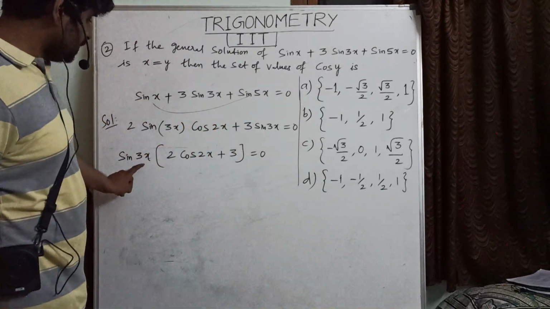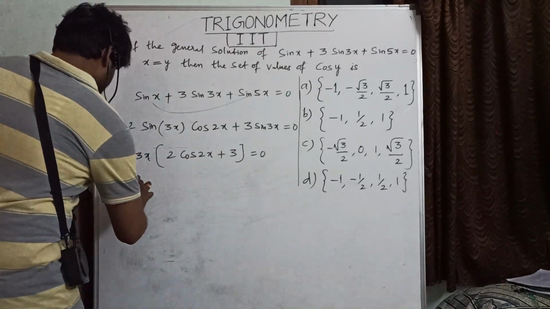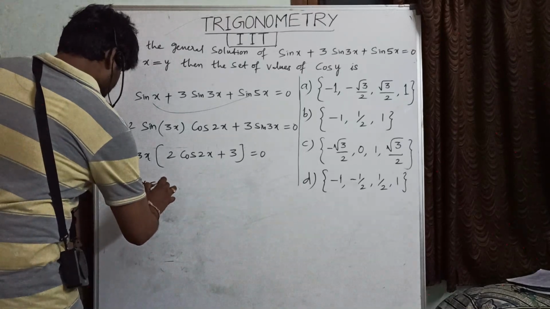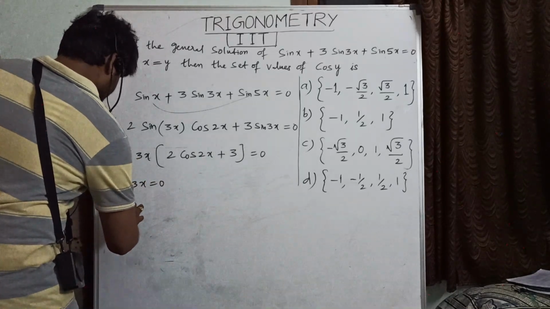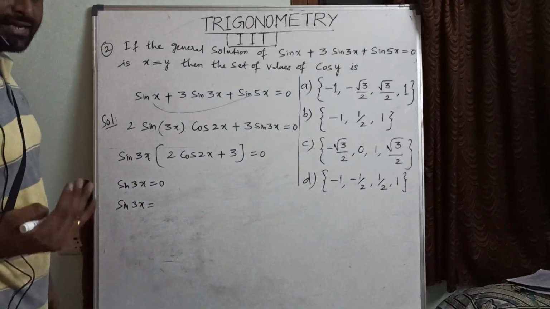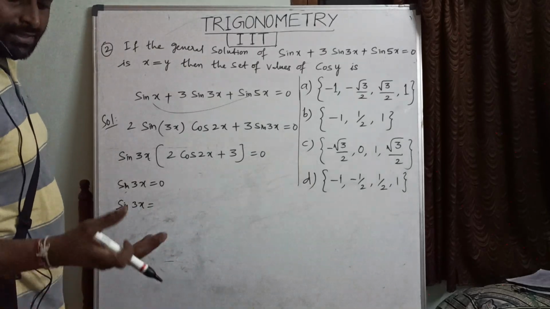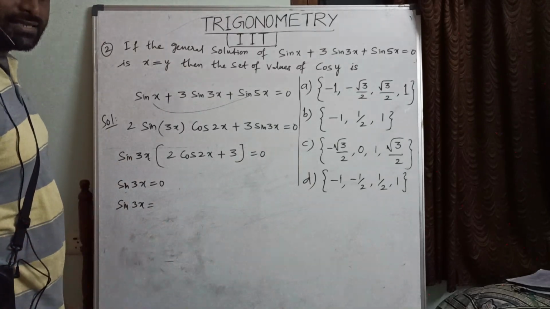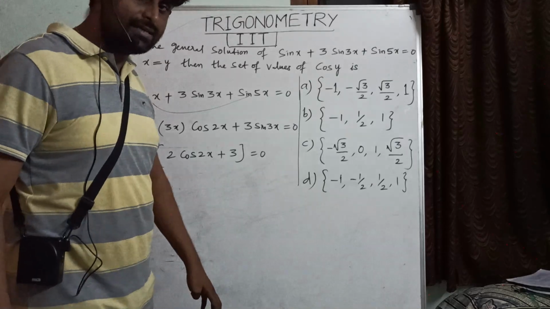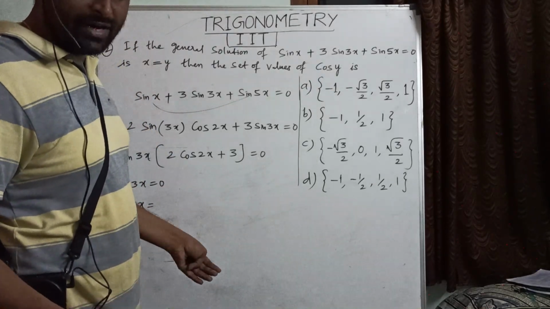Now this one equals 0 or this one equals 0. So sin 3x equal to 0. How can I write the general solution? Where is sin 0? Sin of any multiple of pi, n pi, correct? Any multiple of 180 is 0: sin pi, sin 2 pi, sin 3 pi, sin 4 pi, sin 5 pi, like that.